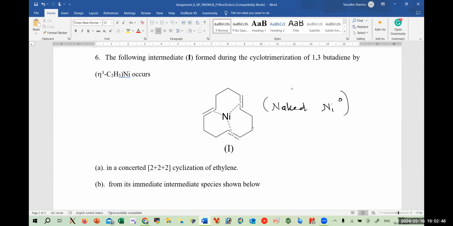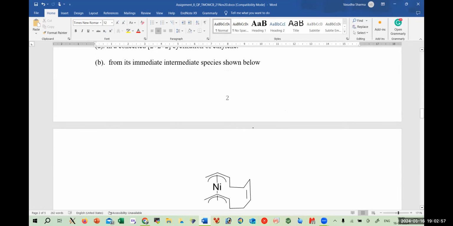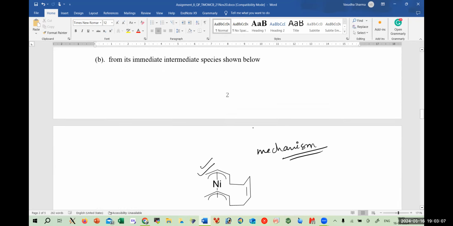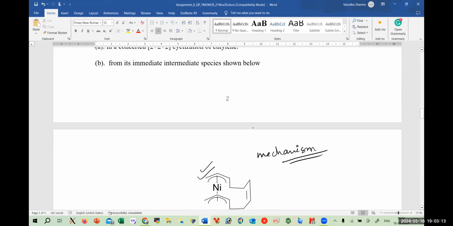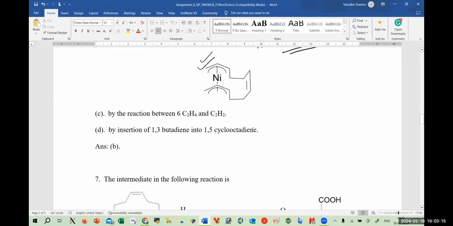Is it a concerted 2+2+2 cyclization, or does it form from an intermediate species shown below? We have also seen that this intermediate is seen during the mechanism of this reaction. If you revise what I have taught today, you will get to know. So only option B is correct over here.